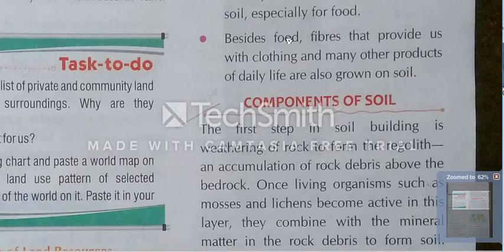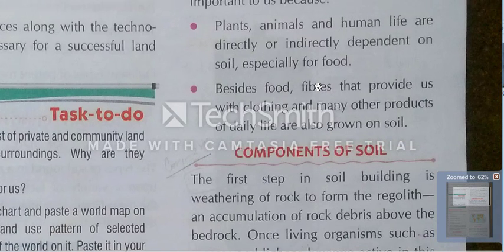We have seen that soil provides food, but besides this, fiber that provides us with clothing, the cloth we wear, the yarn, the thread also comes through the plants, and soil also provides this. So we cannot say that soil provides only food. Clear?